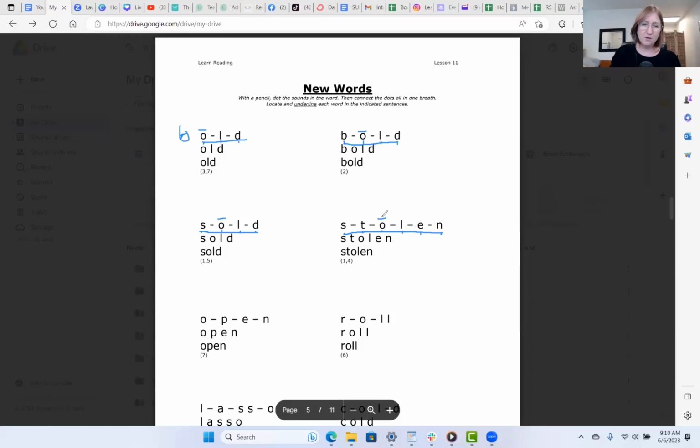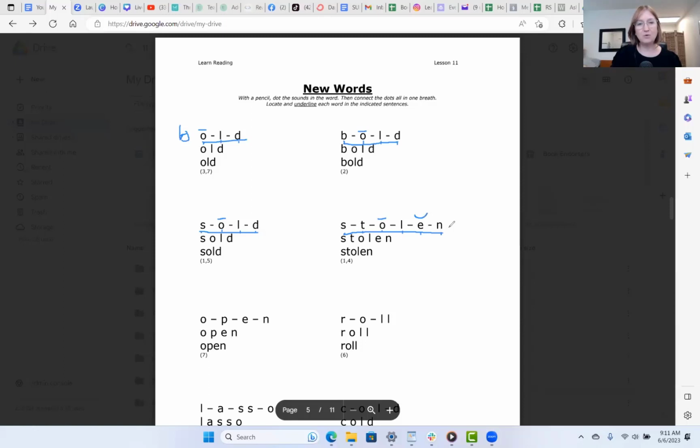All right, so we have this O saying O for 2 reasons. The first reason, because one of the next 2 letters is another vowel. There's a vowel right there, A, E, I, O, U, and Y if it's not the first letter. And the second reason is there's an L after it. So this O is going to say O for 2 reasons. So when we say the sounds, it's S, T, O, U, N. We know this E is going to say E because one of the next 2 letters is not another vowel.